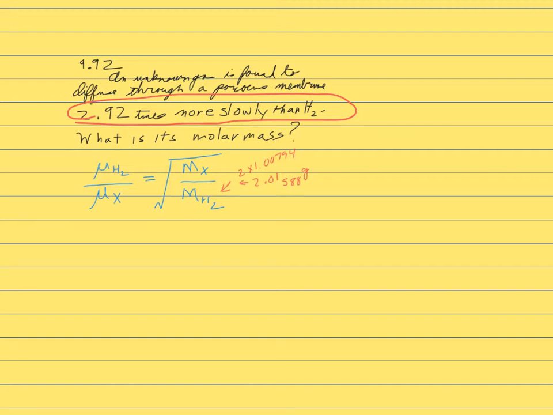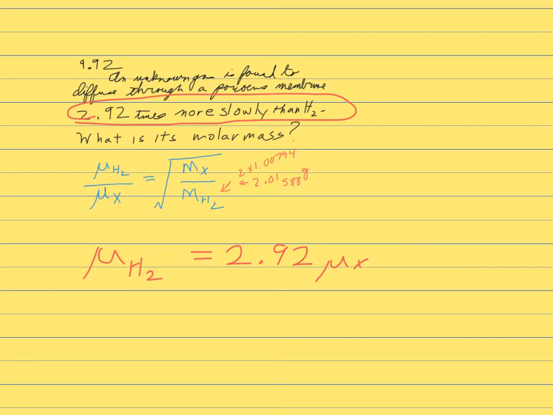So, if we take the speed at which our hydrogen is traveling and we multiply 2.92 times the speed of gas X, we'll get the speed of hydrogen.